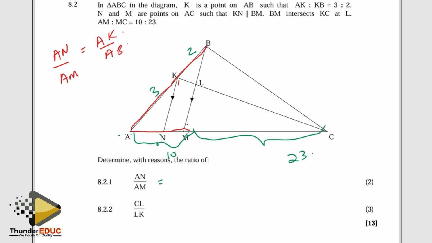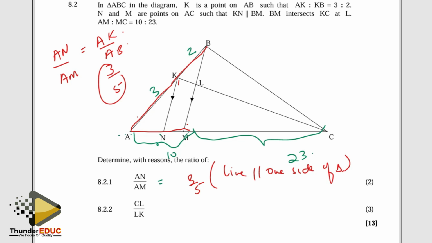Okay, so what is our AK? That's a 3. What's our AB? It's a 5. So I'm going to have 3 over 5, and to give a reason, we have lines that are parallel to one side of a triangle. Alternatively, just call it the proportionality theorem.